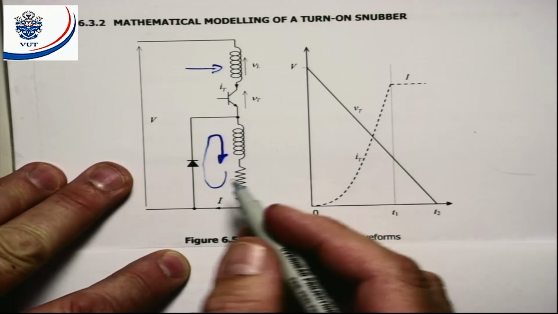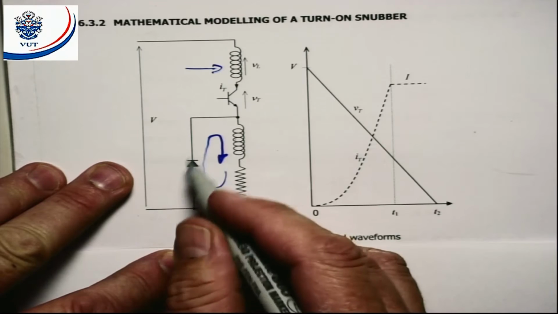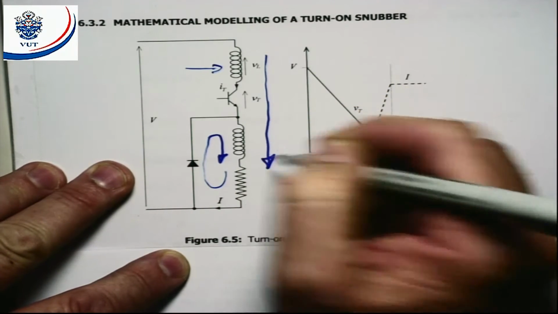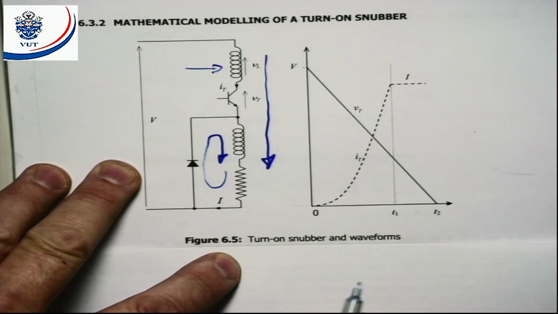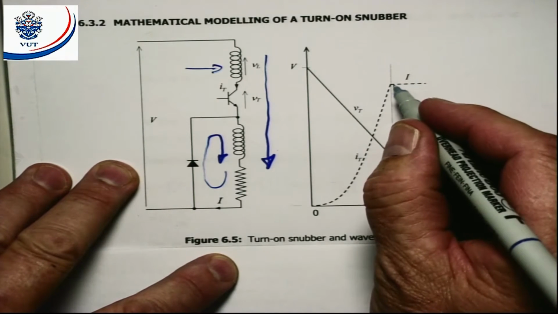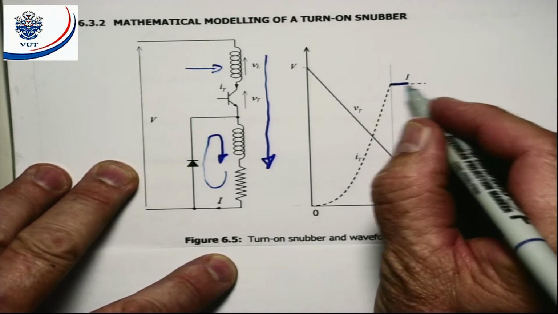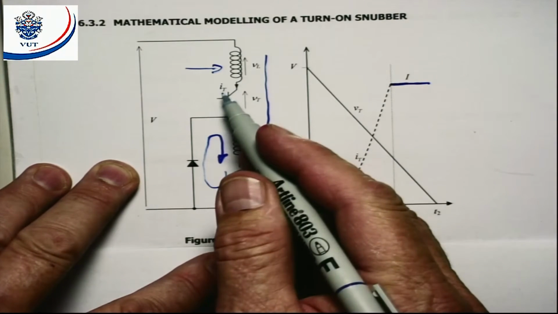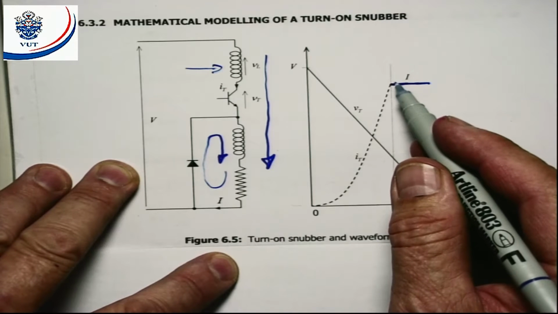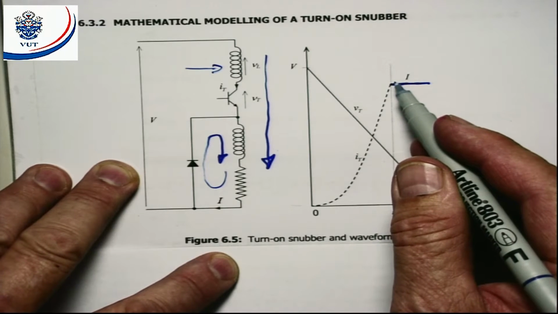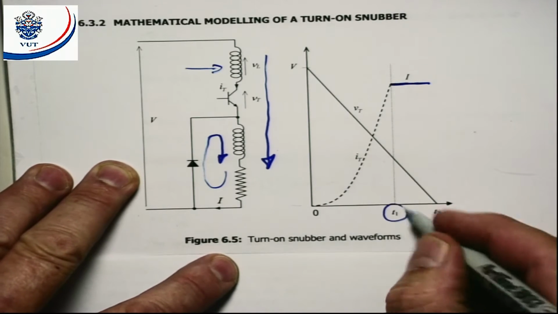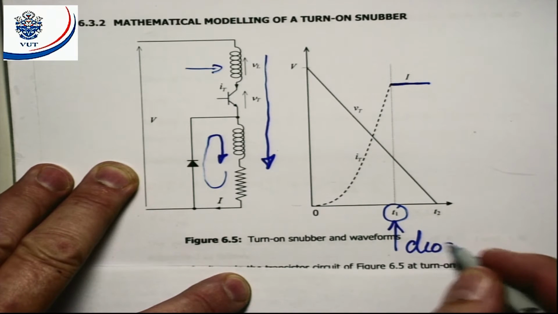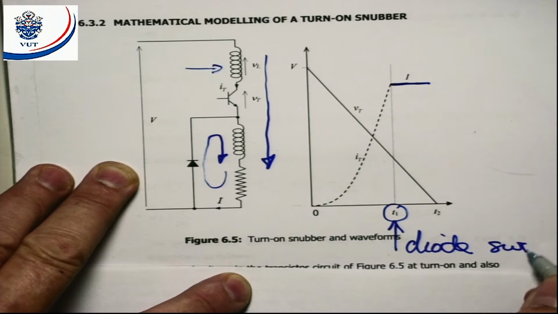And now we want the current to stop flowing like that, and we want the current to come through the switch. So we are talking about that point there when the current through the transistor has increased to its maximum value. So at T1, that is the point at which the diode switches off.